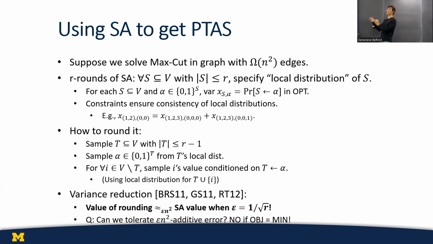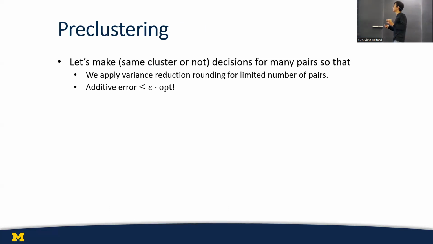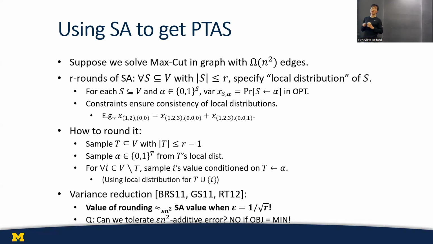I still like this tool, so I will use it as a black box in some sense. Here comes the notion of preclustering. The idea is really simple. If I apply the fancy rounding to the whole instance, I'm going to get an additive error proportional to my instance size.